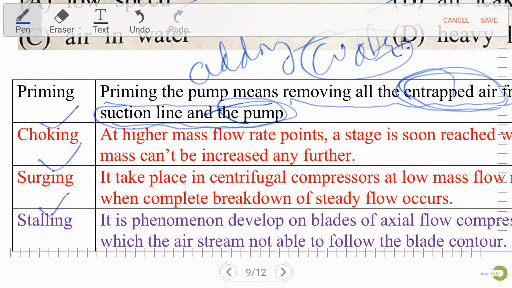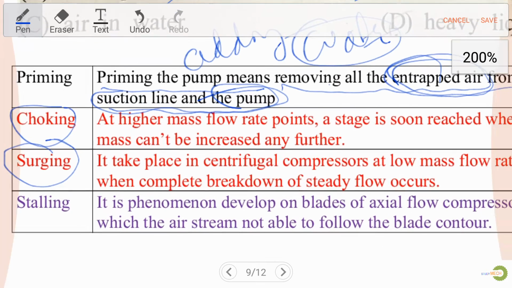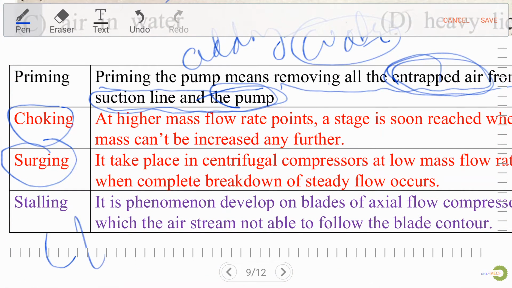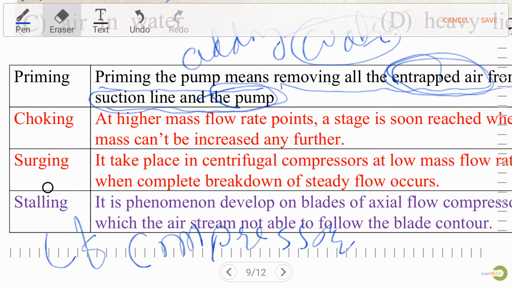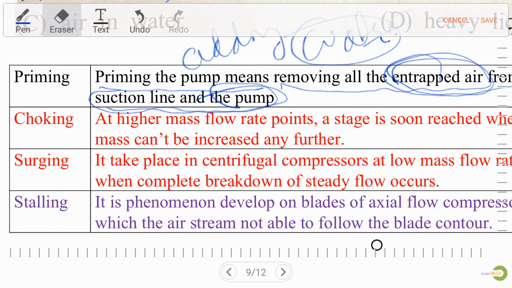Now let's discuss choking. Choking and surging are phenomena that take place in a centrifugal compressor. Always remember these words, centrifugal compressor. So let's discuss what choking and surging are.